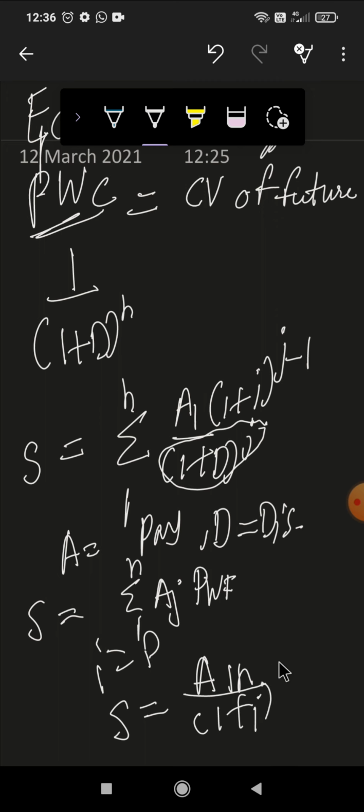This is the formula when i is equal to d. These formulas we will use in examples.